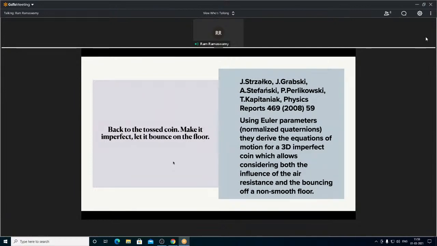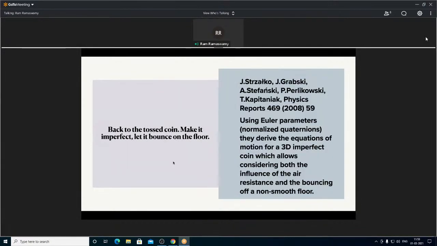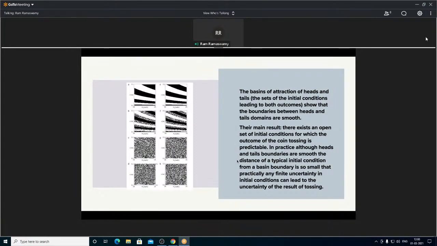And then we allow it to bounce on a non-smooth floor. And then when you do the physics, which is what these people have done in the year 2008, you find that the basins of attraction of heads and tails get quite complicated.